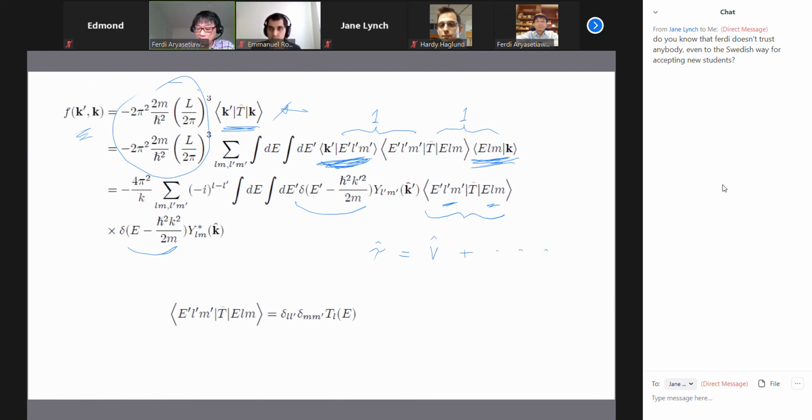So they are just a series of the scattering potentials. And the scattering potential here, we have assumed to be spherically symmetric. So then this T operator here is also spherically symmetric.